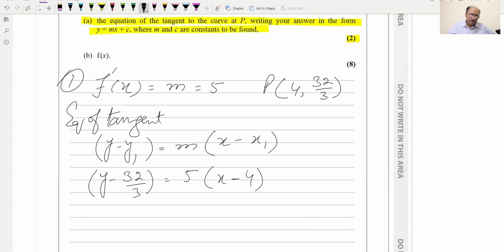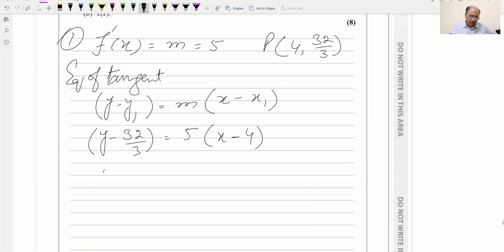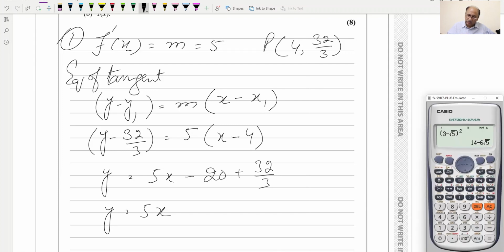Now we can just rearrange and simplify, so y will be equal to 5x, and 5 into minus 4 will be minus 20, plus 32 over 3. And y will be equal to 5x, and we can use the calculator.